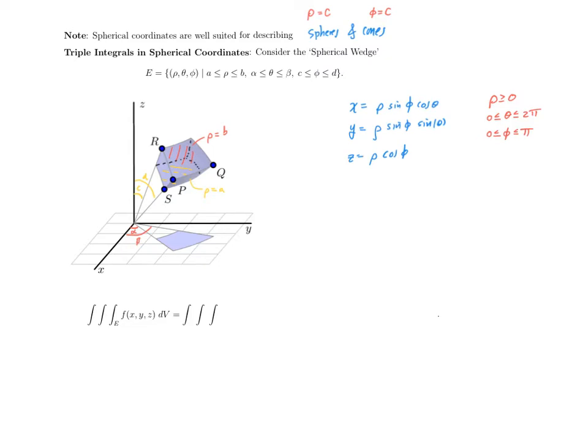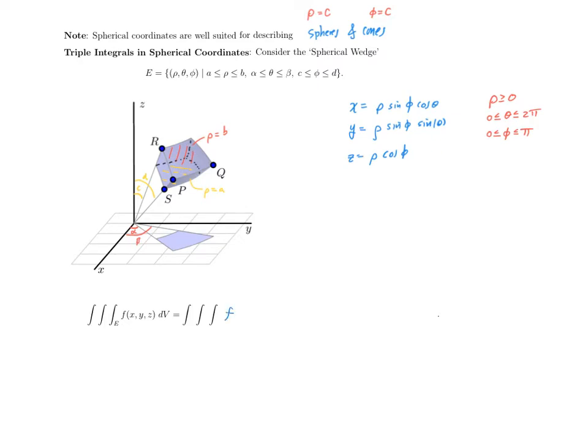So now for the new part. If we have this spherical wedge, something convenient to describe in spherical coordinates, how do we set up that triple integral? And the idea is that we take our spherical coordinates and we rewrite every x, y, and z accordingly.